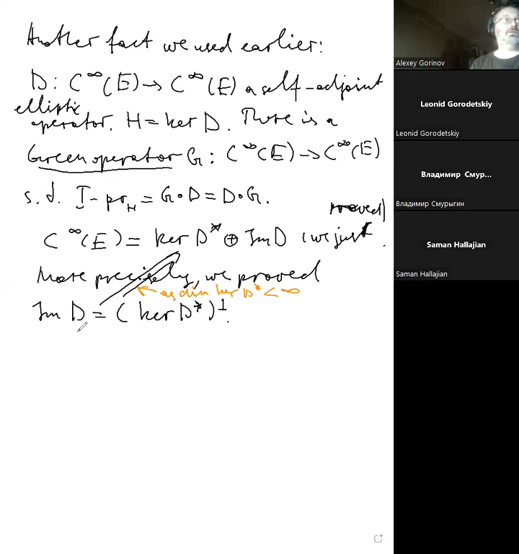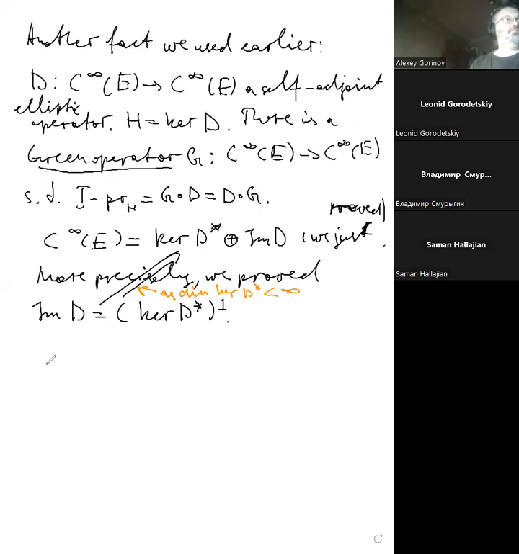But once we have it, since the kernel of D star is finite dimensional, we have this decomposition.